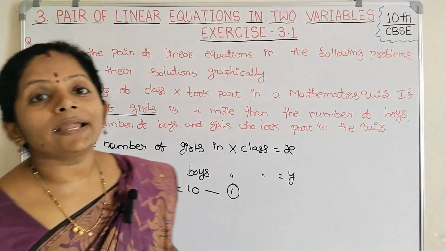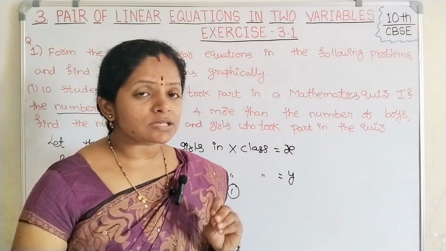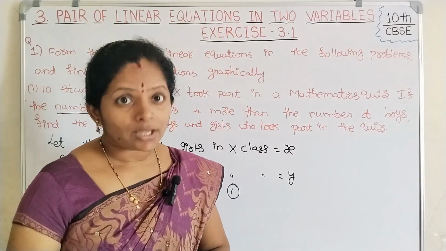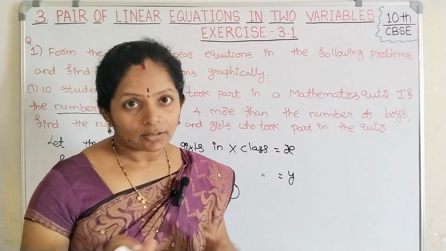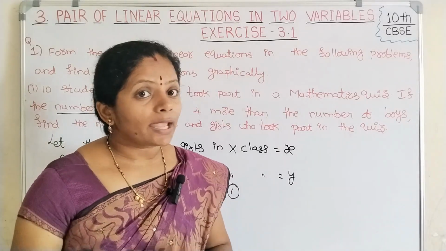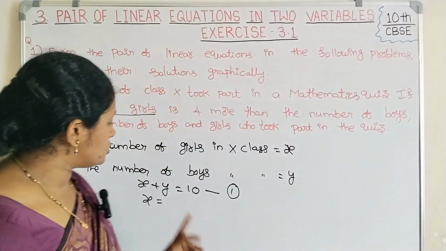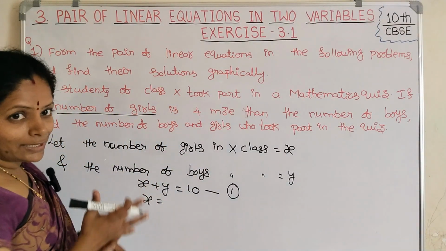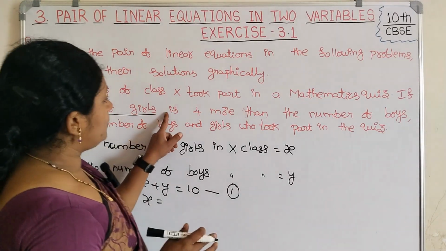Sometimes you will get words like "was" if somebody is talking about the past, and "will" if they talk about the future. According to the tense, you have to put the equals sign. For is, was and will, equals to is replaced.